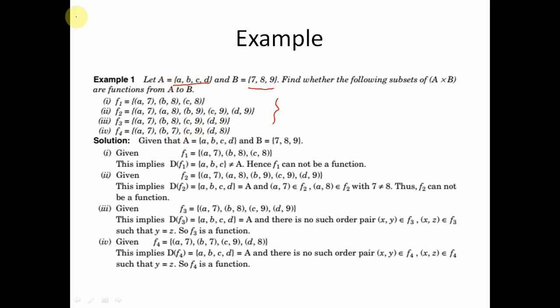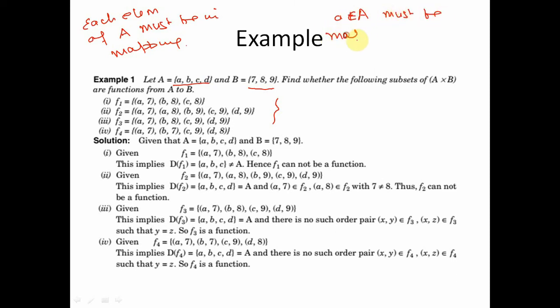Once again, the two conditions are: each element of A must be in mapping, and for a related to A, it must be mapped to a unique b related to B. That means every element of the set A must be there in the pairs, and every element of set A must occur only once in the pairs.